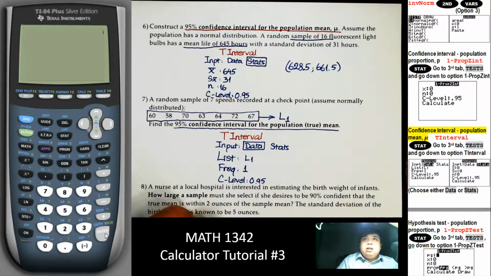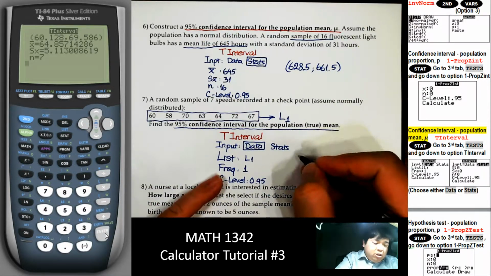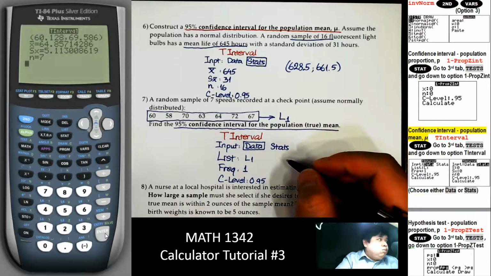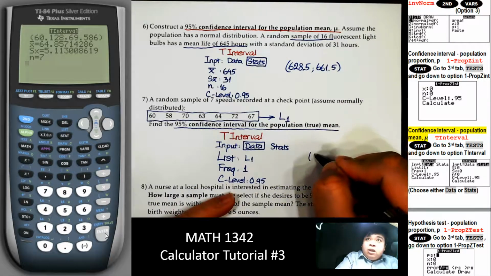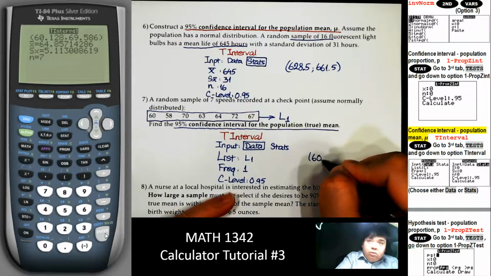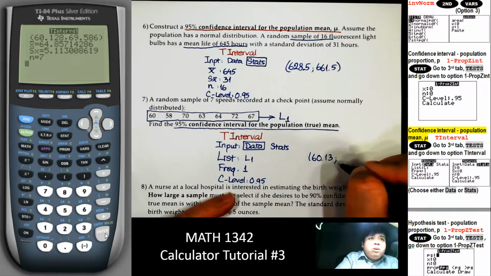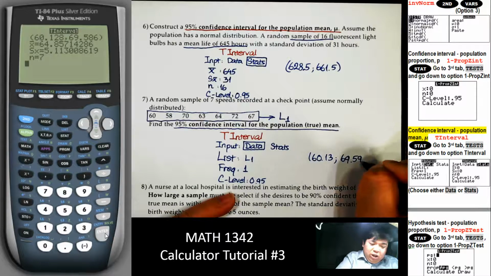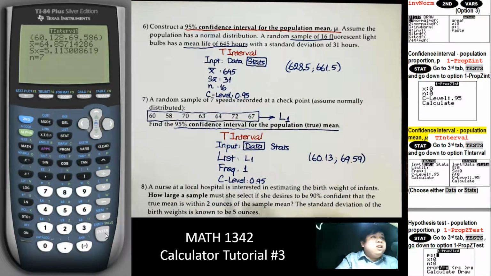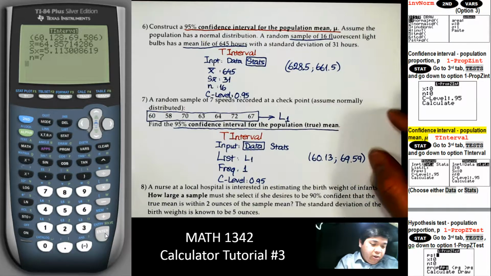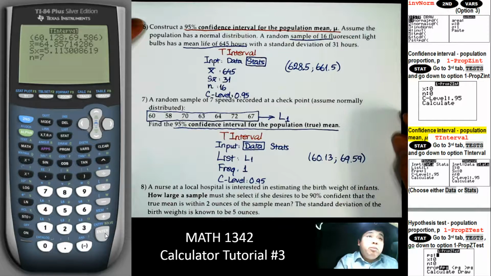and calculate. And we have between 60.13 and so on. The decimal places are not really important. I mean, if the number is good enough, then it should be good enough. So that is the confidence interval for the population mean.